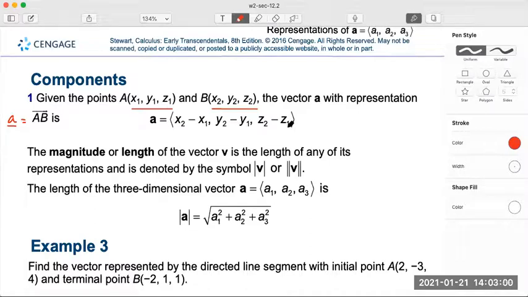And here, suppose these are the components of vector A, right? So in section 12.1, what is the distance from A to B? Do you remember the formula?